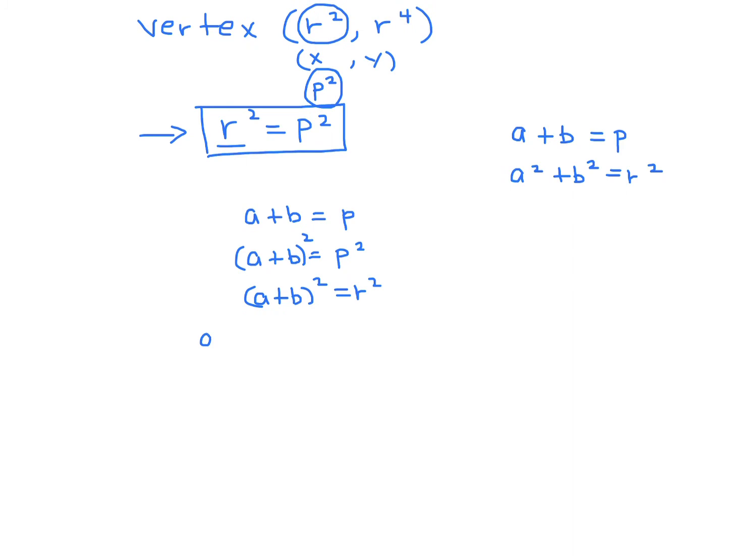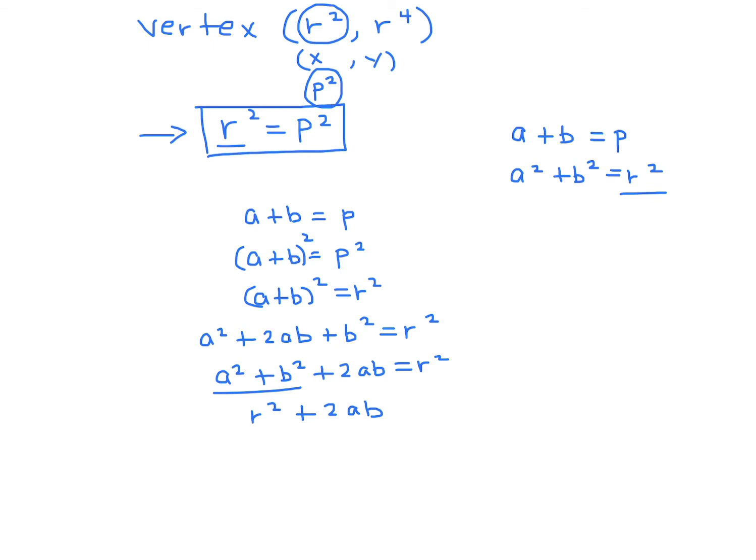And then if you expand that, you get a squared plus 2ab plus b squared is equal to r squared, correct? I'll rearrange this a little bit. A squared plus b squared plus 2ab is equal to r squared. A squared plus b squared is r squared based on the proof that we did previously. So we got r squared plus 2ab is equal to r squared. And this leaves me with just 2ab is equal to 0. So that means, therefore, that either a is equal to 0 or b is equal to 0.